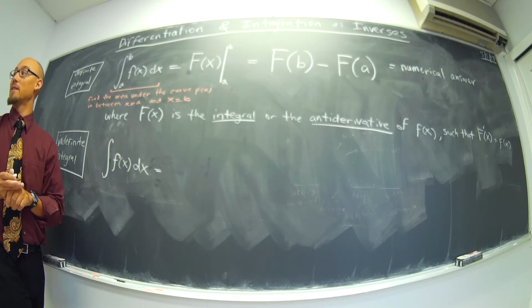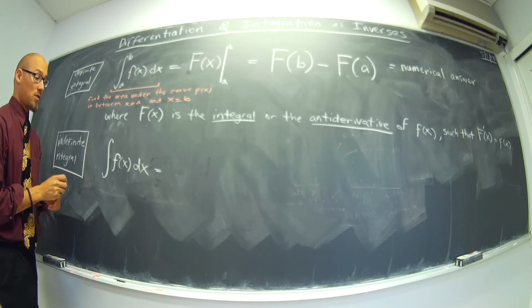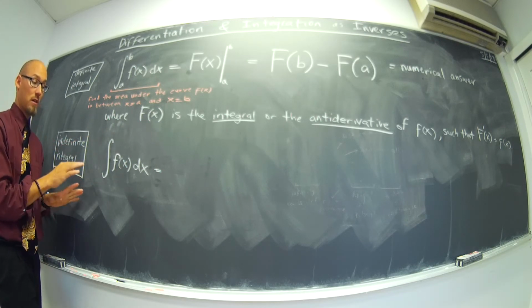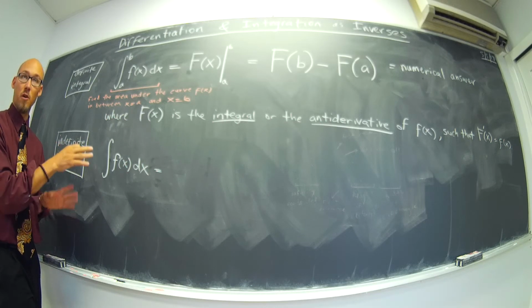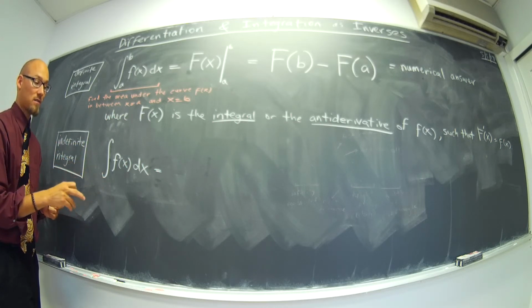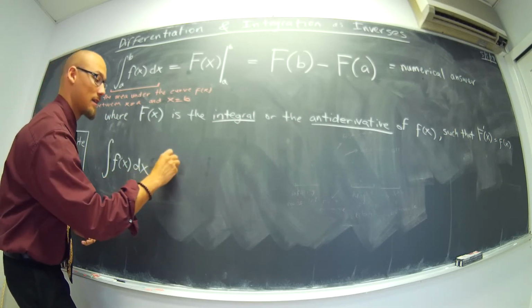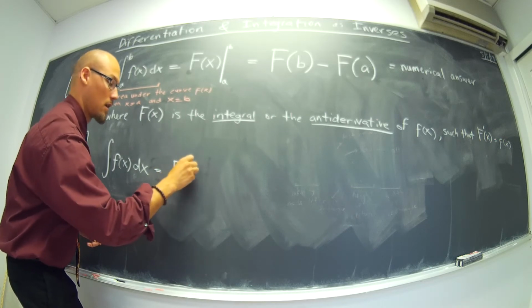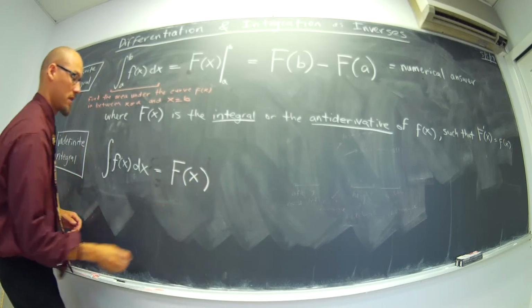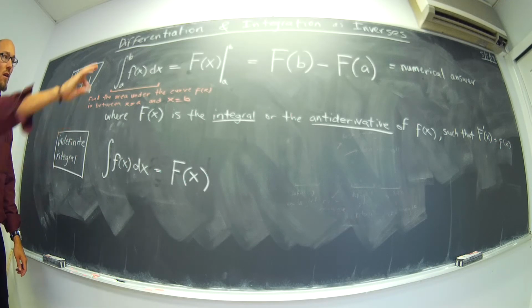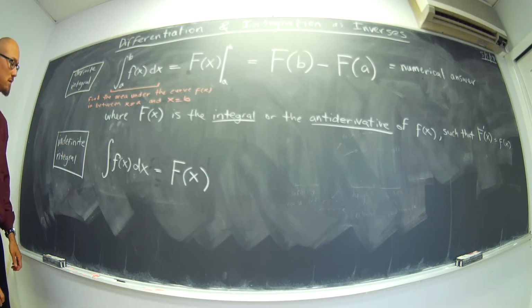Capital F is the integral or the antiderivative. So the integral, generally, indefinitely, from no place to no place, of f of x with respect to x is just this function here, without all this evaluated at certain places.